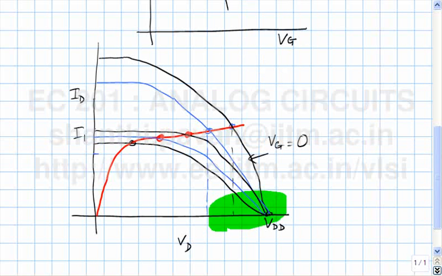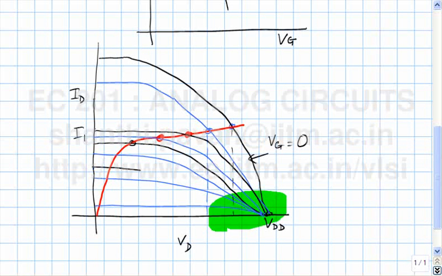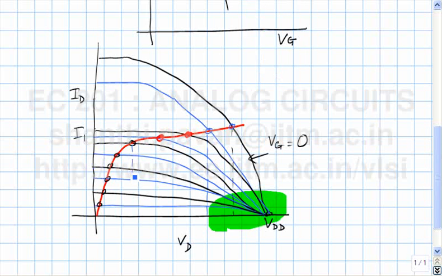The NMOS transistor will now start going into triode. Alright, and the points of intersection. The output voltage is basically the x-intercept of this point of intersection.